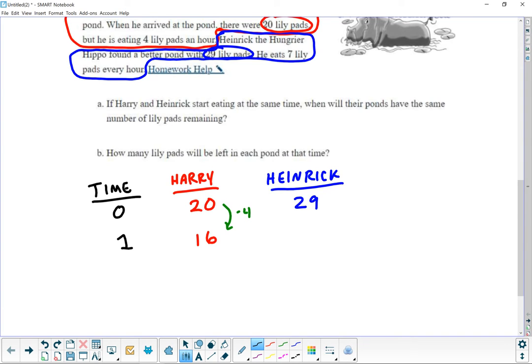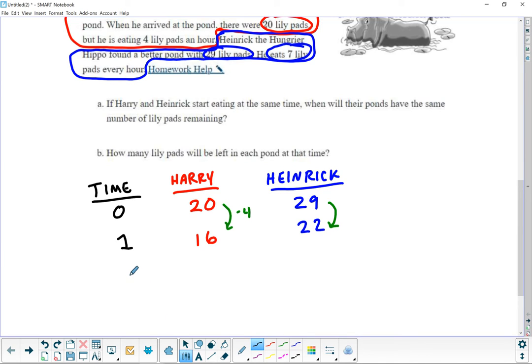That means he has 16 in his pond now. And Heinrich, at the 1 hour mark, eats what does it say? 7. He eats 7 lily pads. So 29 minus 7 is going to be 22.